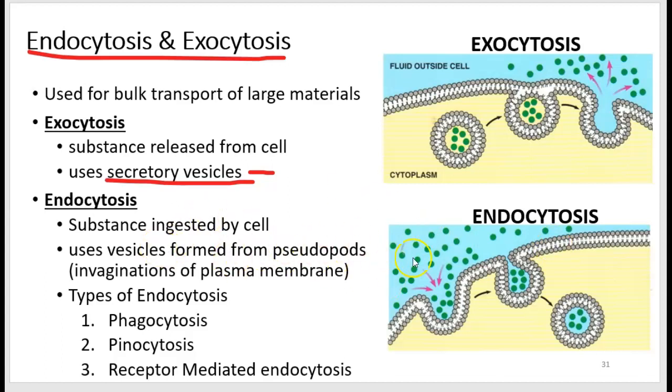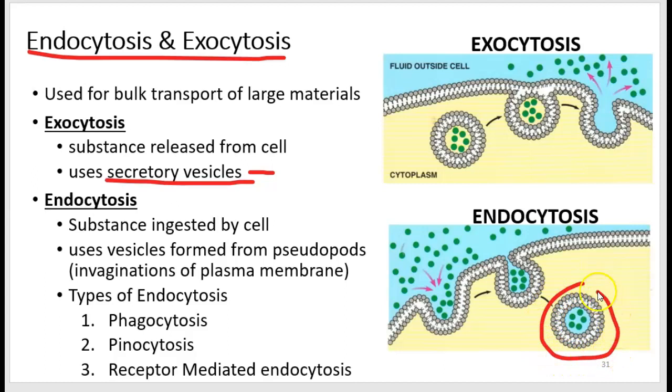Endocytosis is a method by which substances can be ingested, and what happens is the substance usually docks on the membrane, invaginates and forms what we generally call an endocytotic vesicle. It doesn't really matter. So this is a form of cell eating, right?